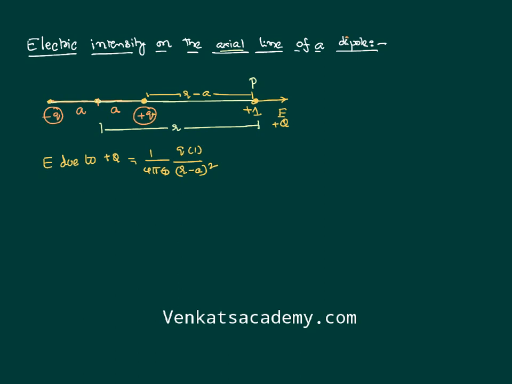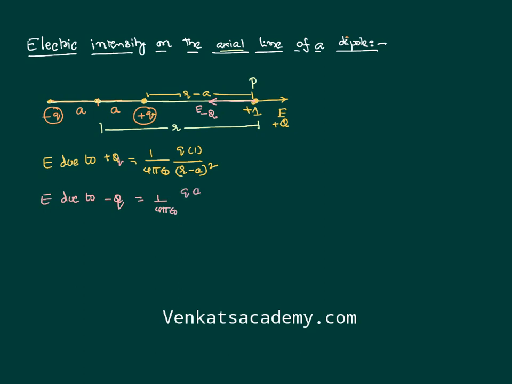Now this negative charge also applies a force on the positive charge, but because it is a negative charge, that is going to be attraction, the force due to the negative charge. I want to write the intensity due to the negative charge of that dipole as 1 by 4 pi epsilon naught.